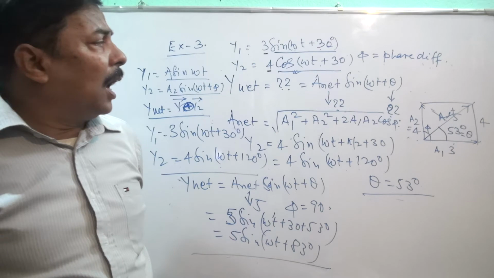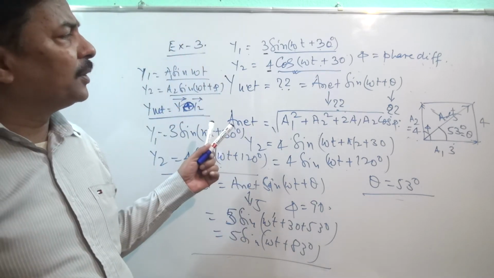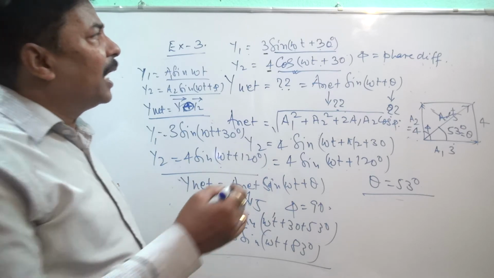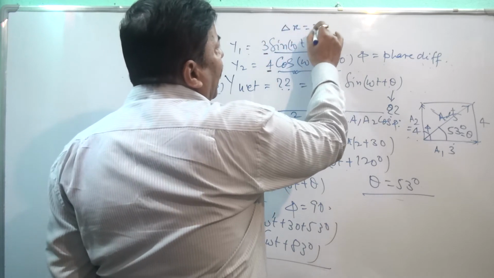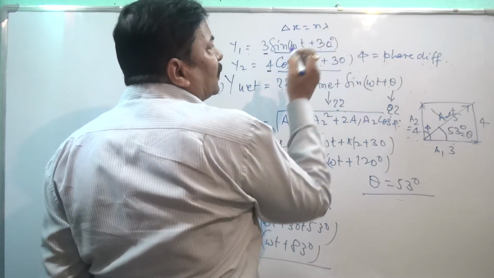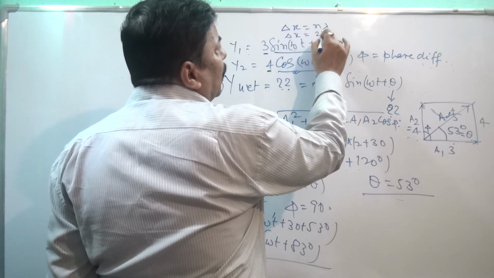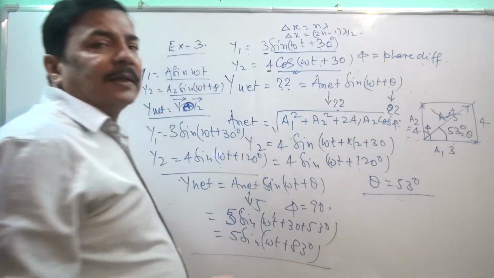Now I will switch over to another type of question which was based on our concept that path difference should be n lambda for constructive interference, and path difference should be (2n minus 1) lambda by 2 for destructive interference.